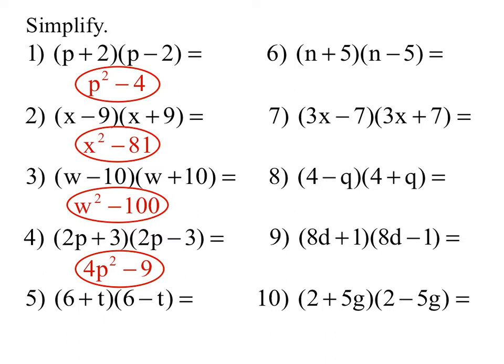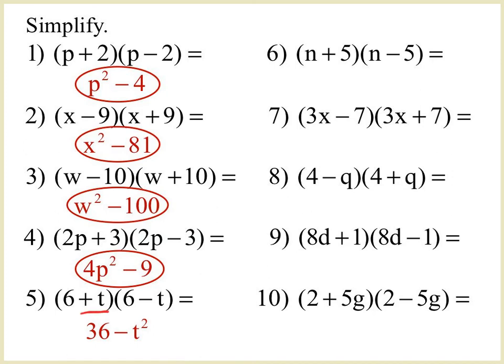The next one, be careful because your number comes first. So this one's going to be square the first term, 36, minus t squared. Why am I getting that? Because positive t and negative t make that negative t squared. Okay?